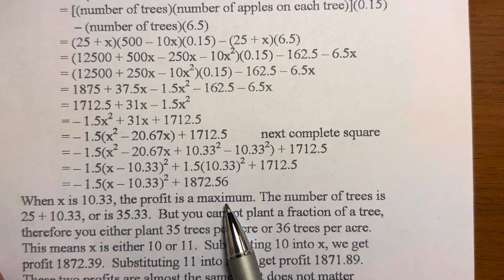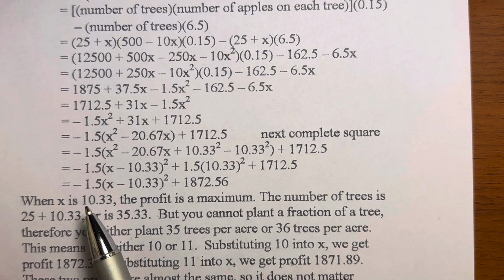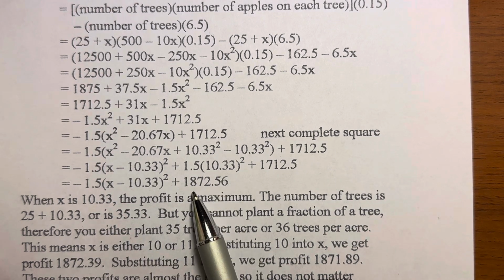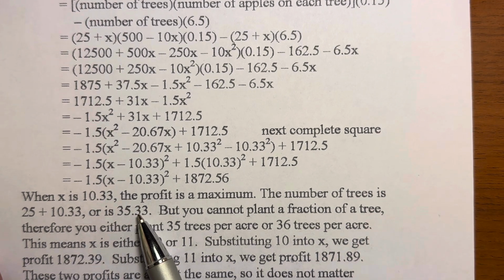But the number of trees is 25 plus x, right? X is the additional number of trees. So the total number of trees is 25 plus x. So I have 25 plus 10.33 is 35.33. So you must plant 35.33 trees in 1 acre.